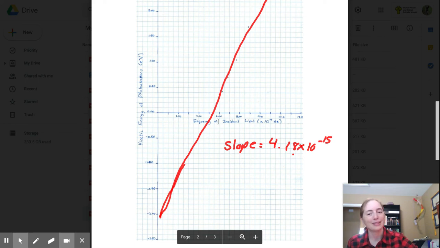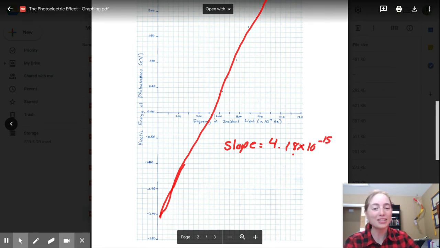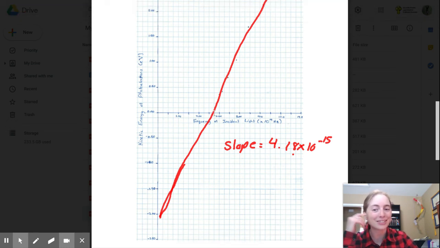This from here to here is the energy required to knock loose that electron from where it's held via its attraction to that proton on that atom. So what do you think would be significant here as soon as we start getting kinetic energy? That's the frequency. That's the threshold frequency.